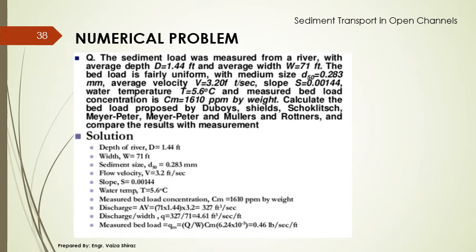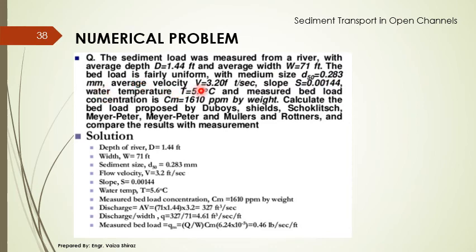Now we will discuss a numerical problem in which we will calculate the bed load by different methods, and then we can compare the results we get by applying different methods. The sediment load was measured from a river with an average depth of 1.44 feet and an average width of 71 feet. The bed load is fairly uniform and the medium size D50 is 0.283 millimeter.